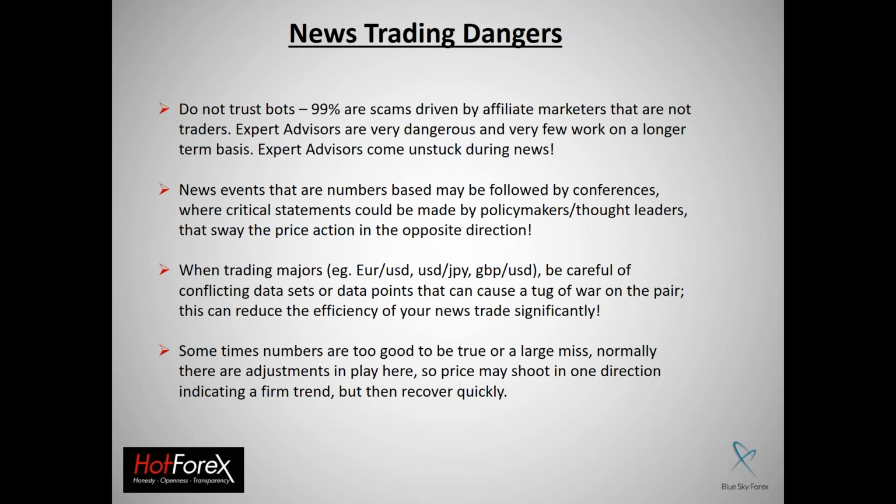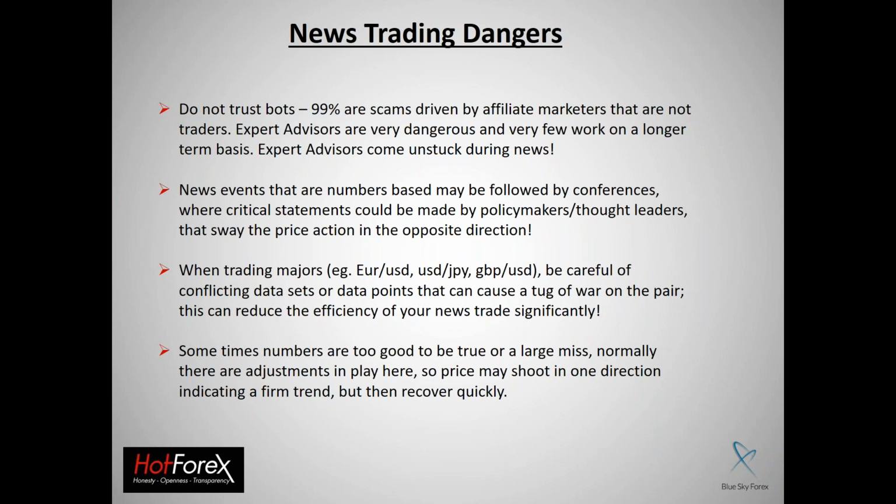Next one, when trading majors like EUR/USD, USD/JPY, GBP/USD, be very careful of conflicted data sets or data points that can cause a tug of war on the pair, as this can reduce the efficiency of your news trade significantly. Basically, with currency pairs that involve major currencies, there is more than one thing happening at the same time.